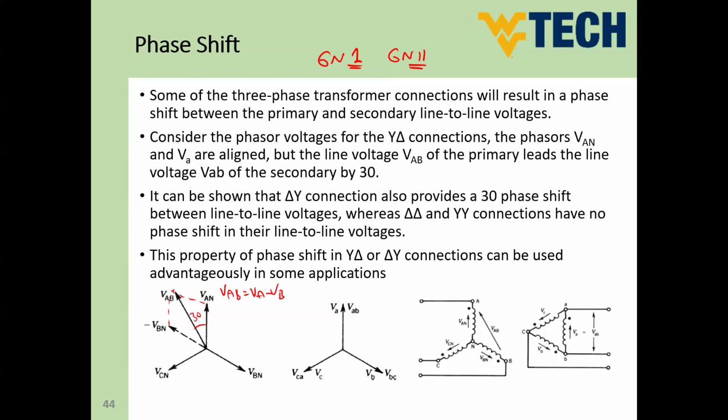Otherwise, you will make a short circuit. For that, guys, there was one of the capstone projects, I believe 2 years ago, related to how to check for the phase shift between the connected cables or transmission lines.